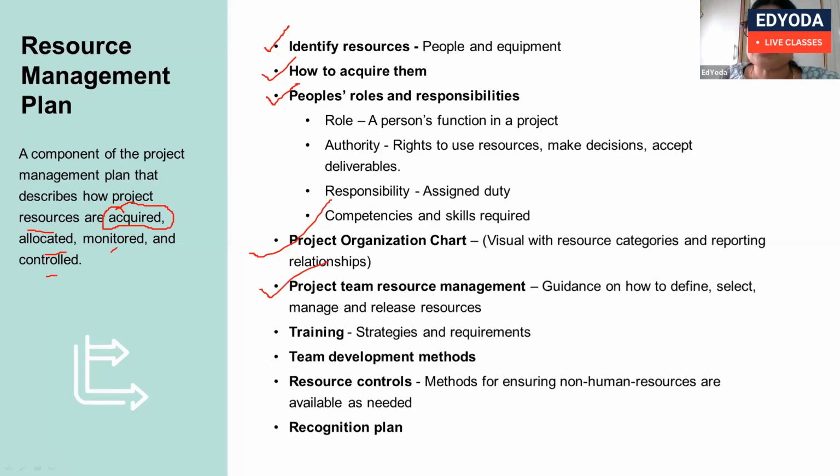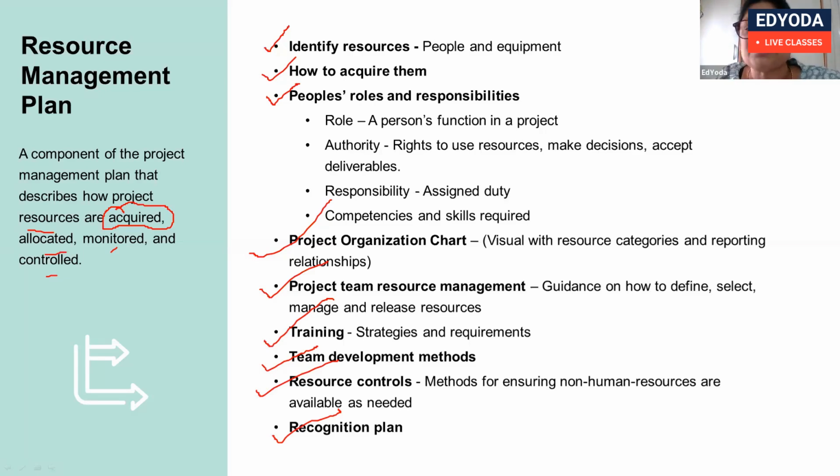Then project team resource management, guidelines on how to define, select and manage these resources and release resources. You have to give training, team development methods, the resources control, recognition plan. Some are part of human resources. Okay, some are part of both physical and the human resources.